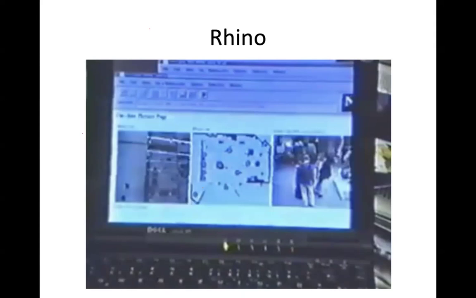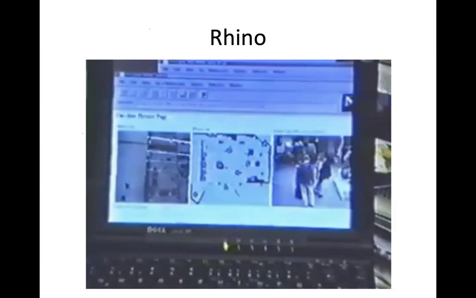And then, of course, you have seen some complexities in this. So what are some of the complexities that your agent would try to resolve in this type of a scenario? If you are to design a Rhino type agent, what would be the things that you will keep in mind looking at this video?